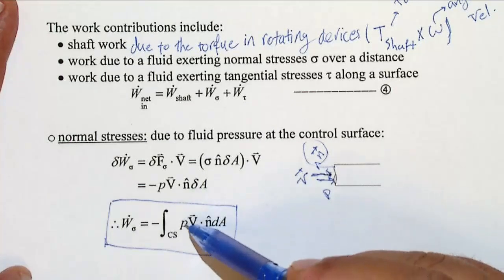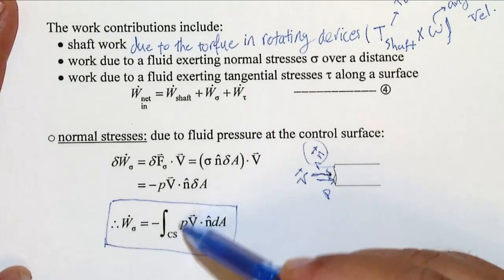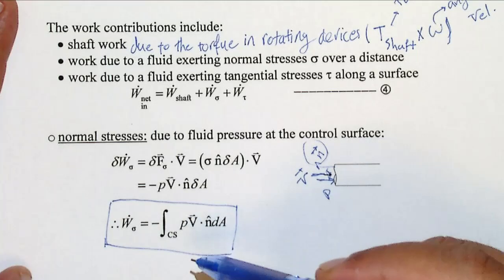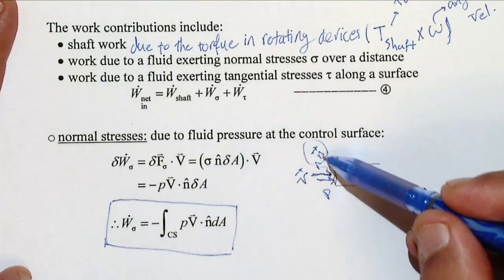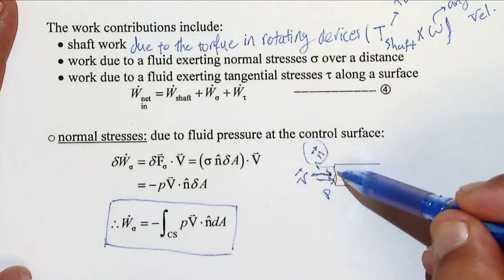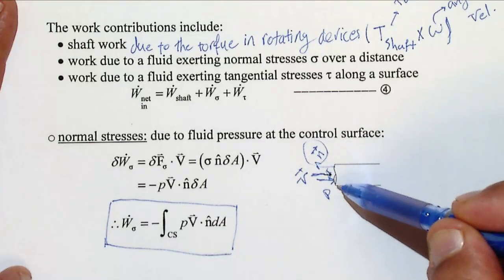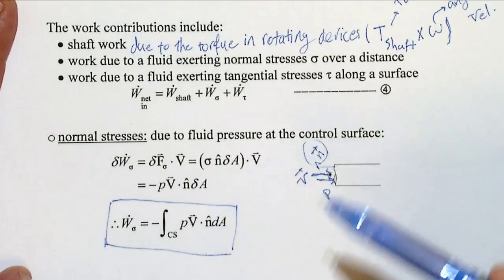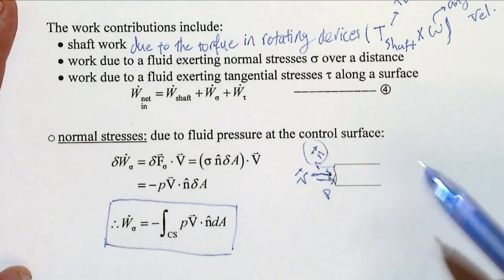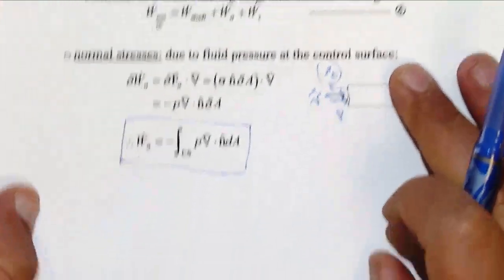So the P V dot and dA, this P is going to be your B based on the Reynolds transport theorem. Also, because n is in a different direction from P, you have a negative sign here. So minus P V dot n is going to be your equation for W dot whenever you have it.